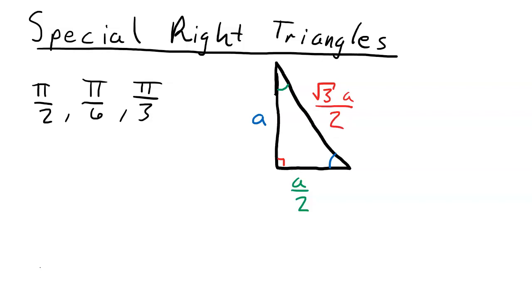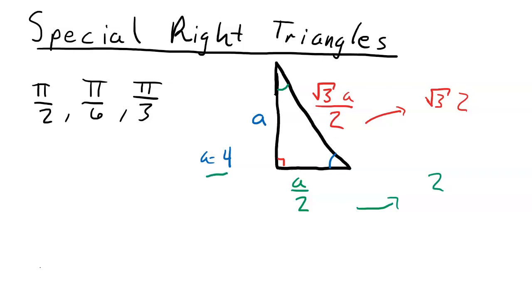Let's write this on the side. If we have A equal to 4, sorry, excuse me, then this will simply be square root of 3 times 2, and this would be 2.